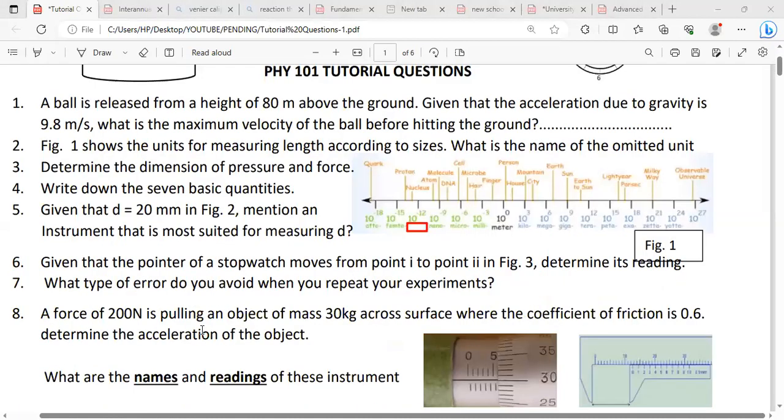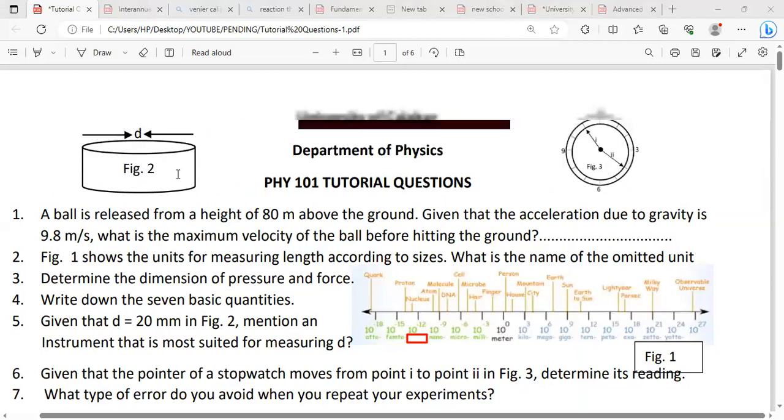Okay, the question says, given that D equals 20 millimeter in figure 2. So here is figure 2. And this D here is the diameter, the internal diameter of this shape, the cylinder.